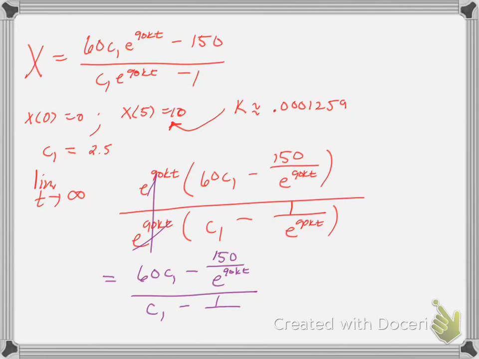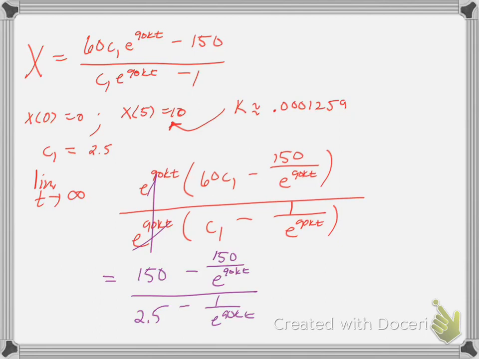C sub 1 is 2.5, right? So we could just plug in 2.5. Okay, and when you plug in 2.5, you're actually going to get 150 and 2.5. So this is going to change to 150, and this will change to 2.5. All right.